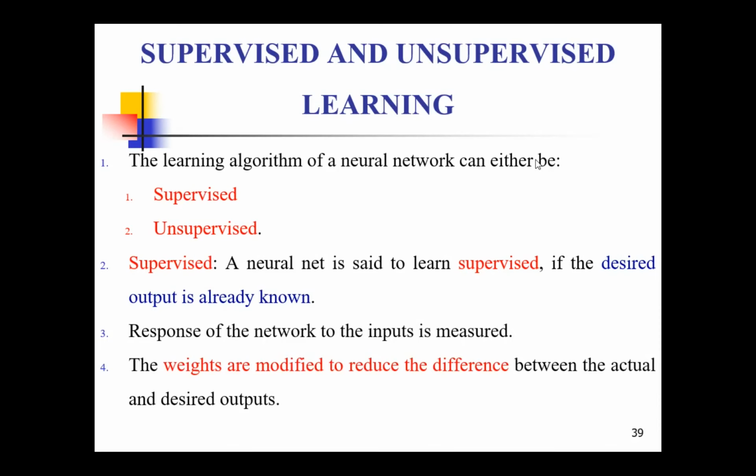Now the neural network predicts the output, and that predicted output should be nearer to the actual output. How is this possible? The weightages that we provide to the inputs have to be modified in a way that the difference between the actual and the predicted or desired output becomes lower.